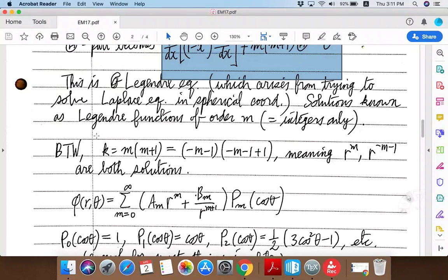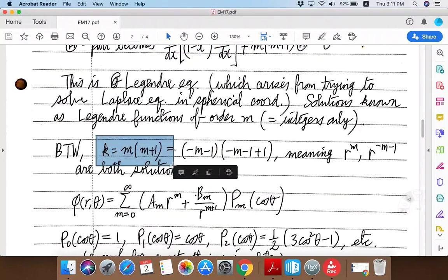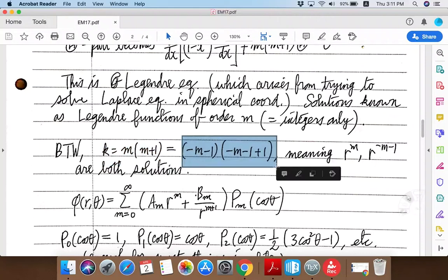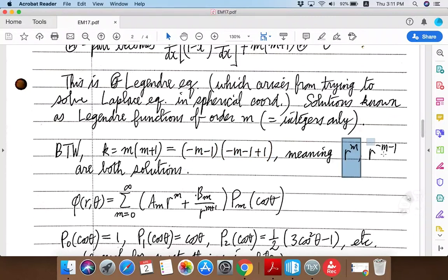Okay, just another reminder, I said that K should be expressed as m times m plus 1, but this is also equal to the case where m is replaced by minus m minus 1. Okay, so what that means is that if r to the mth power is the solution, then this guy is also the solution.